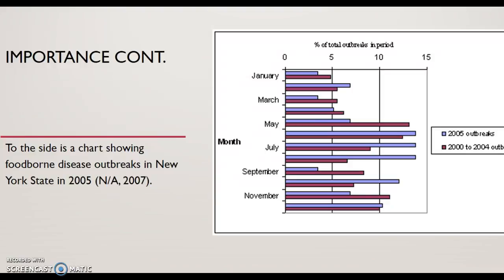When they plug all this data in, they're able to see where this is coming from and how big it was in the community. When they have this kind of information, it's easy for them to determine whether a certain food chain is handling food improperly. Say you go to Texas Roadhouse and everybody in your family gets sick, and the table next to you gets sick, and the table next to them gets sick.